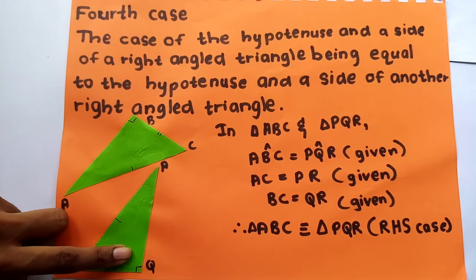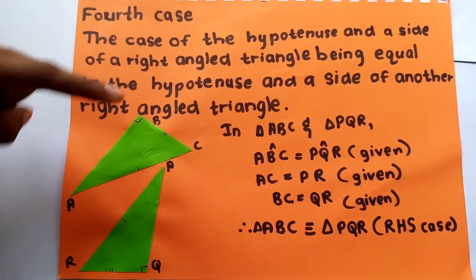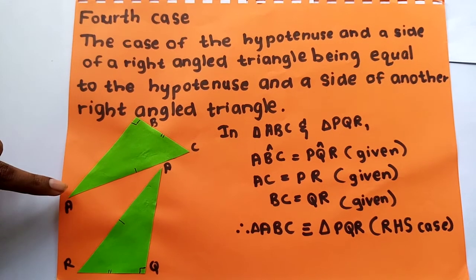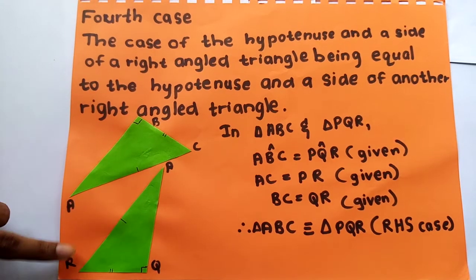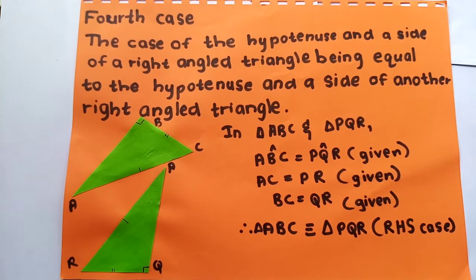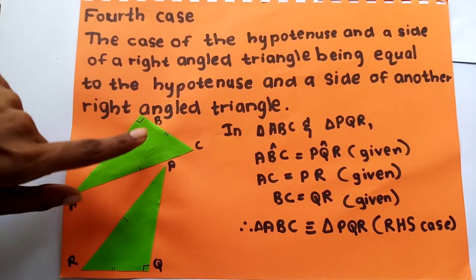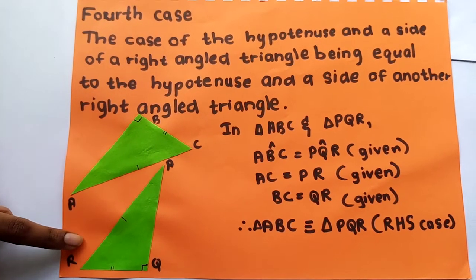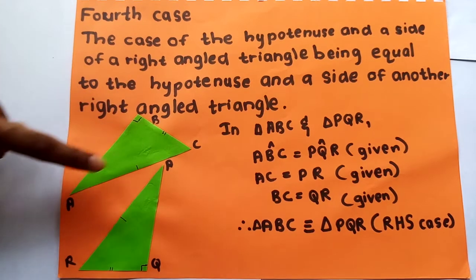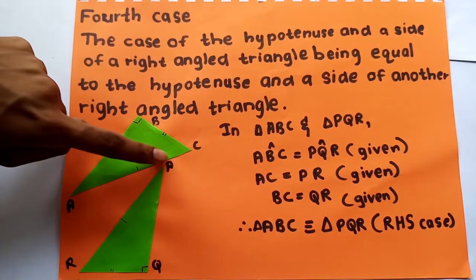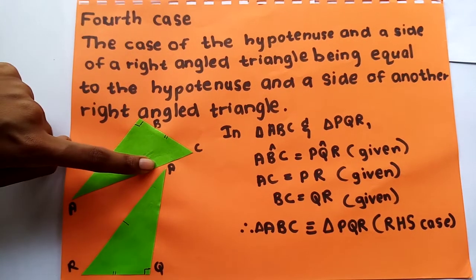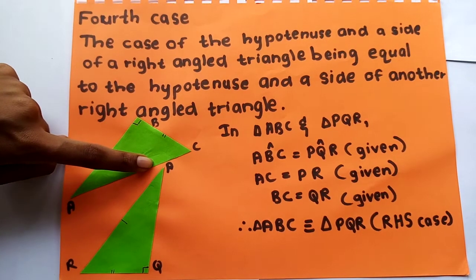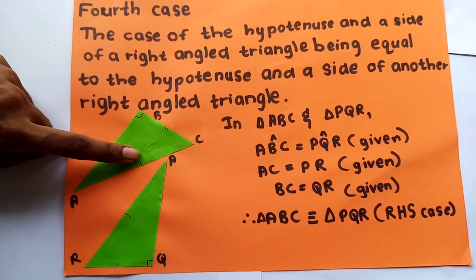These are the two right angles of those triangles. That means angle ABC and PQR are 90 degrees. So, they have given BC side is equal to QR and they have given the hypotenuse. That means AC is equal to RP.